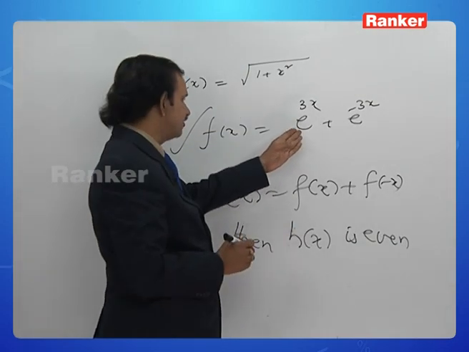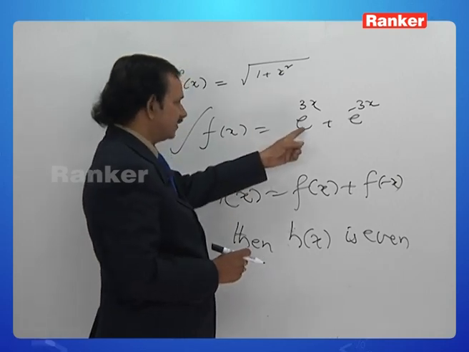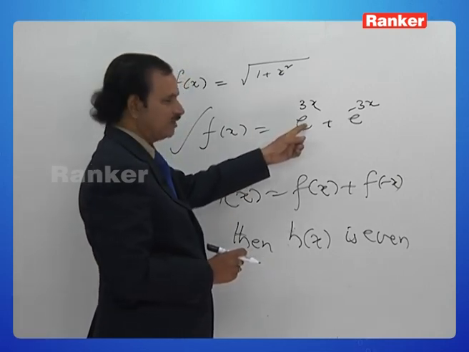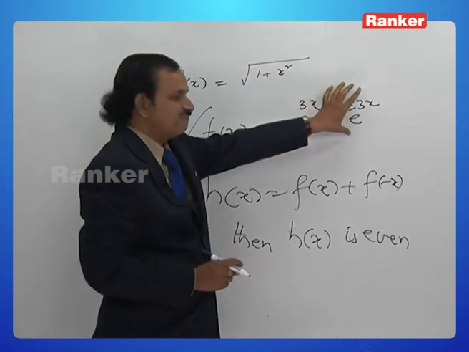This particular function looks like this. I write h of x, g of x equal to e power 3x. What is g of minus x? Like this. So, f of x, f of minus x.